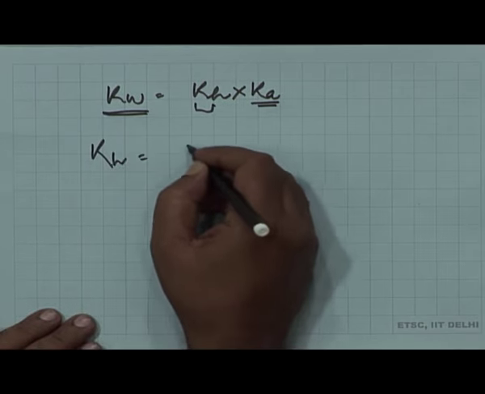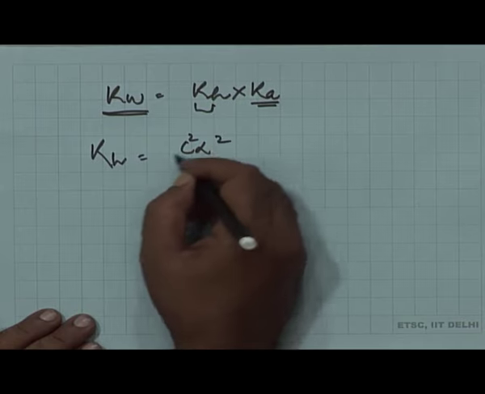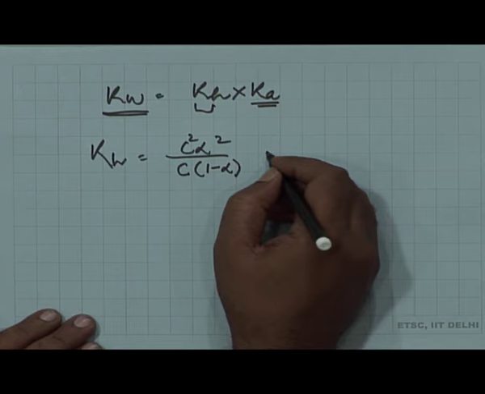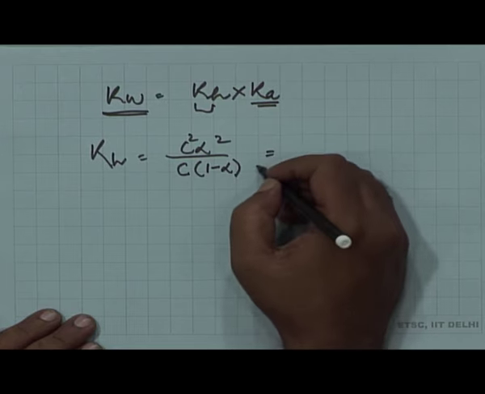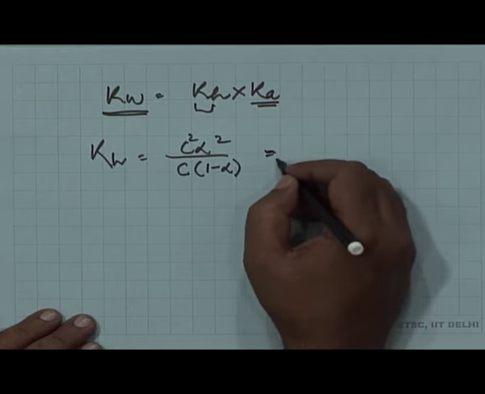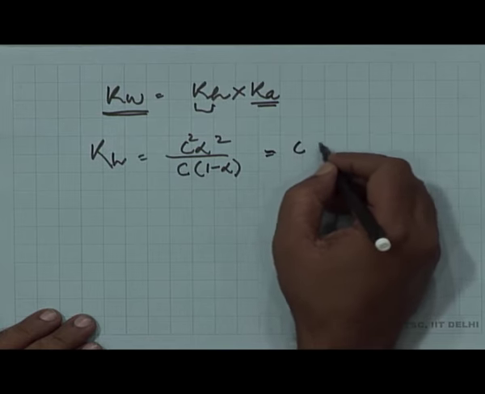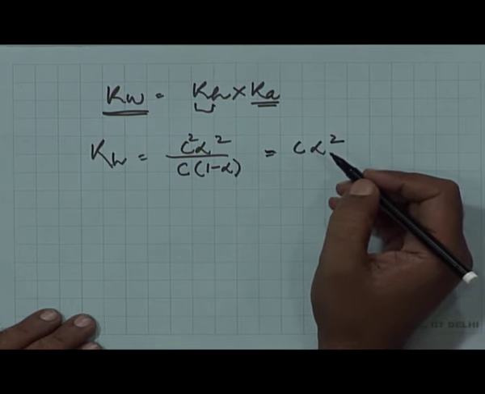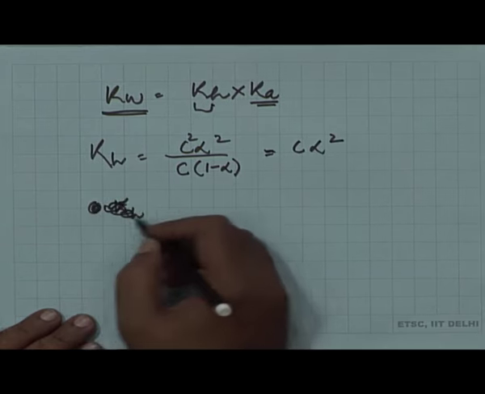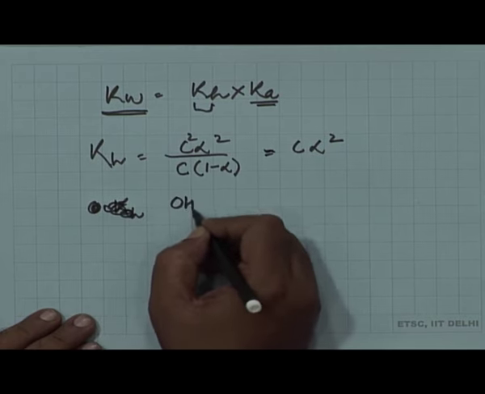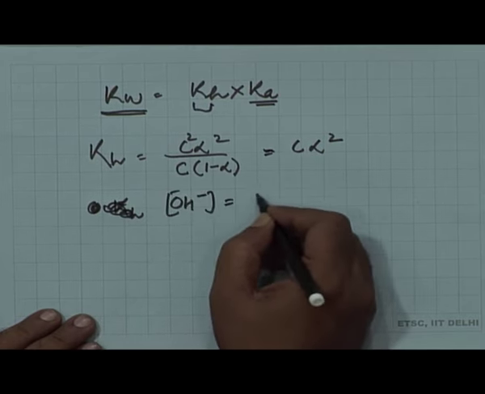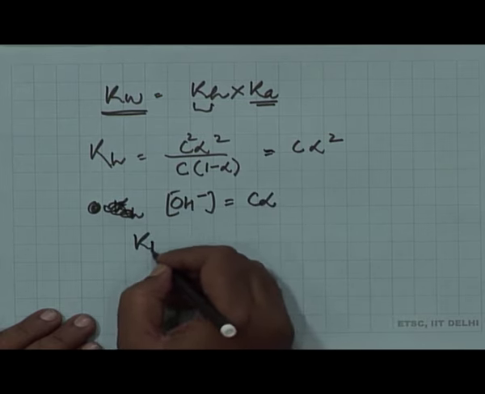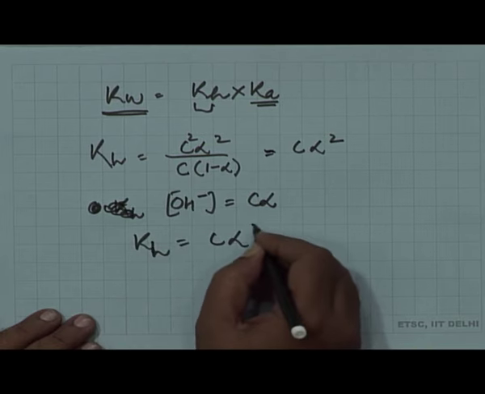And we know that Kh is equal to C square alpha square by C into 1 minus alpha, which, if 1 is quite a bit greater than alpha, we can simply write as C alpha square. So OH minus is equal to C alpha, and Kh is equal to C alpha square.